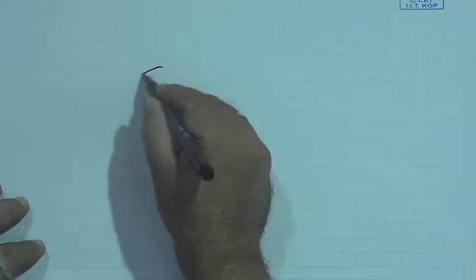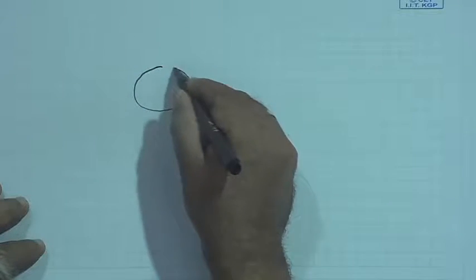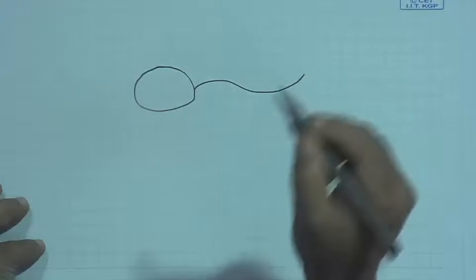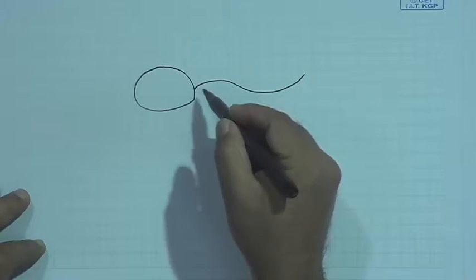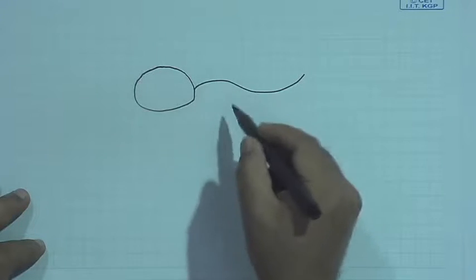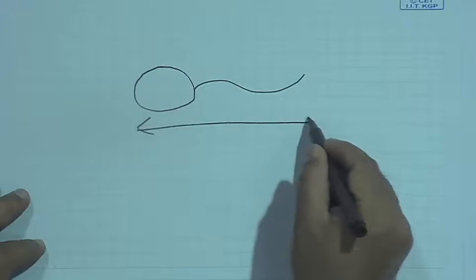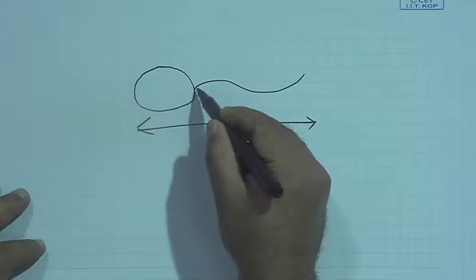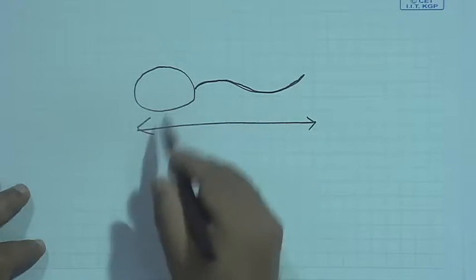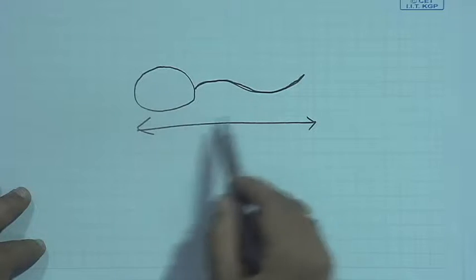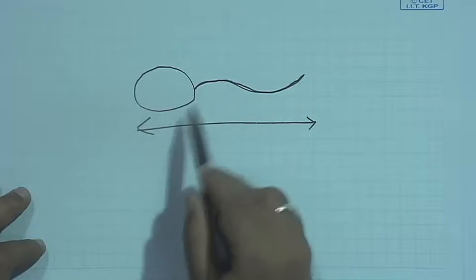I would like to draw your attention to more interesting microorganisms like spermatozoa. The problem with this is it is not a regular shape. The aspect ratios are very nasty, and moreover there is a hair-like structure. So, how would one estimate the swimming structure of this?